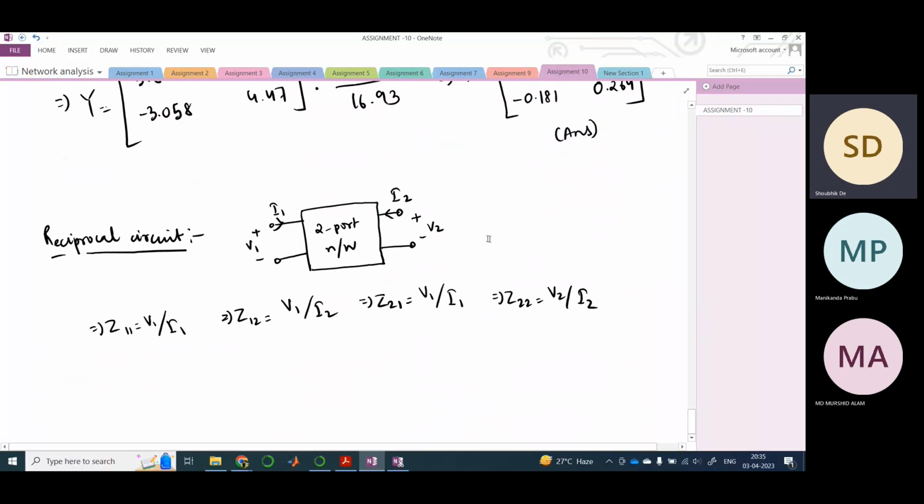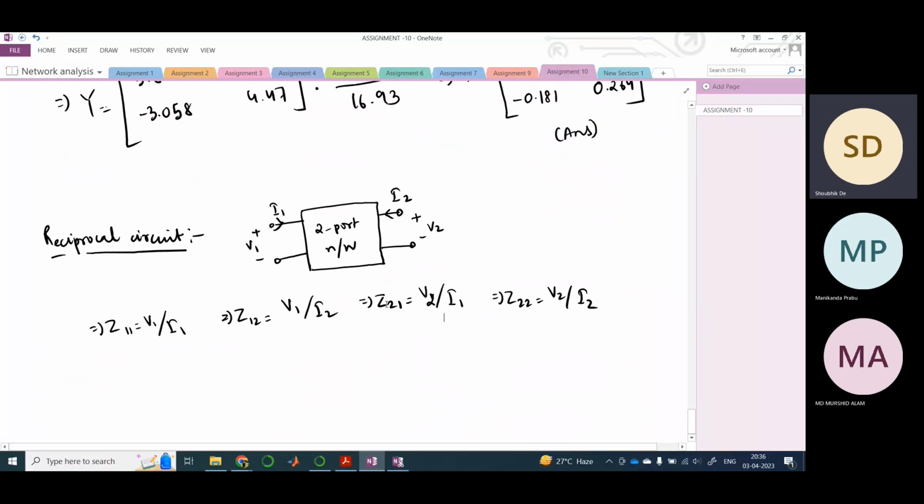Now, what the reciprocal theorem says is that a circuit is reciprocal provided the voltage at one terminal due to the current flowing through the other terminal, that is here V1 due to I2, is equal to the voltage at the other terminal due to the current flowing in the first terminal.